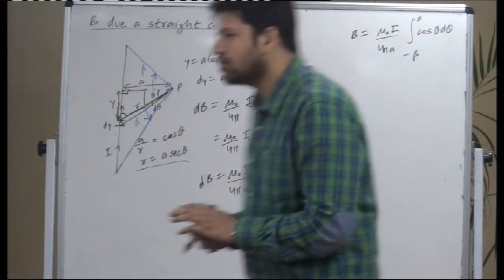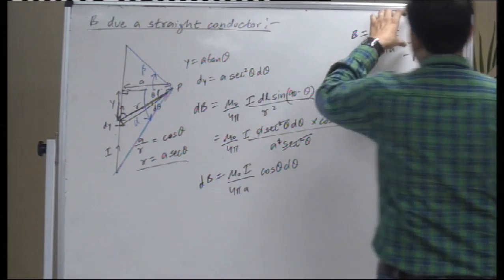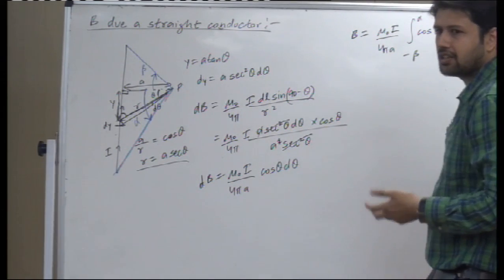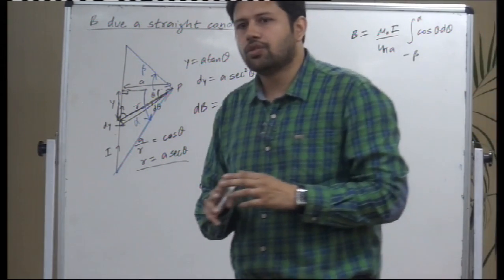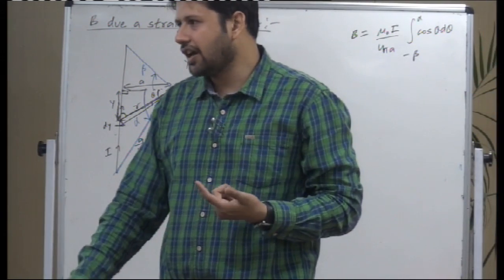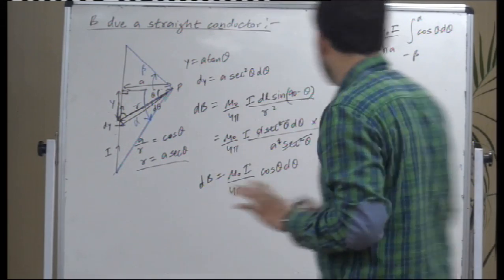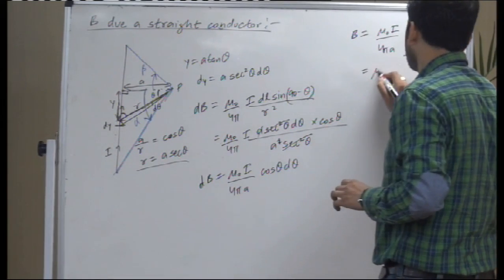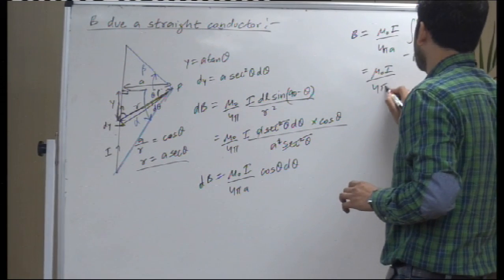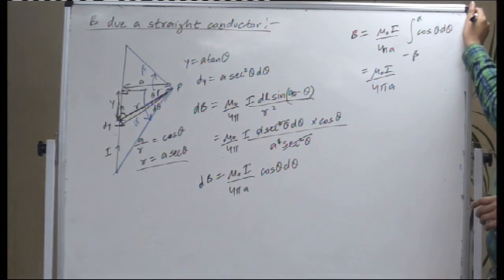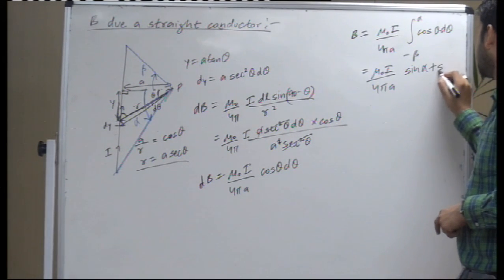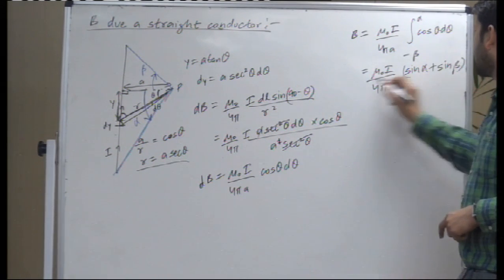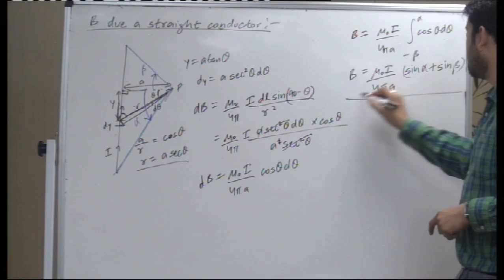So you can take whatever you want as the upper limit and the other one as the lower limit, but just take care of the signs. One angle would have positive sign, the other angle would have negative sign, definitely. So this would be mu naught I upon 4 pi a. You already know this would be sin theta, and when I replace the values, it becomes sin alpha plus sin beta. So this is the magnitude.